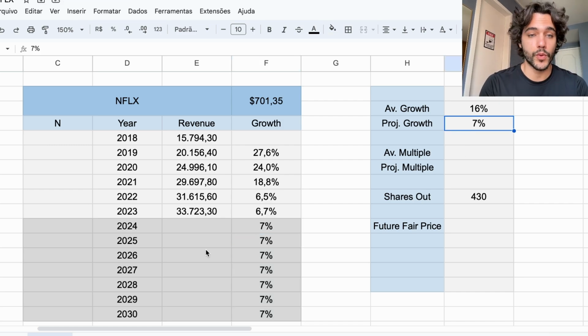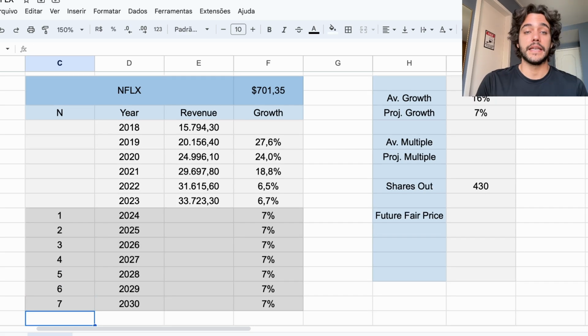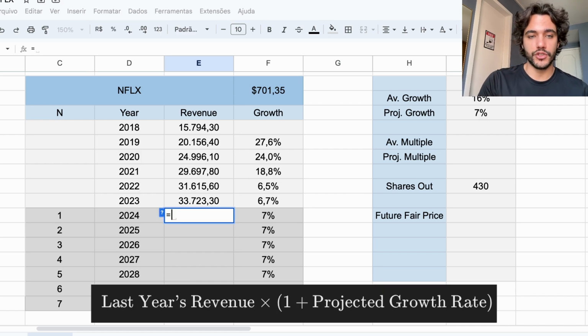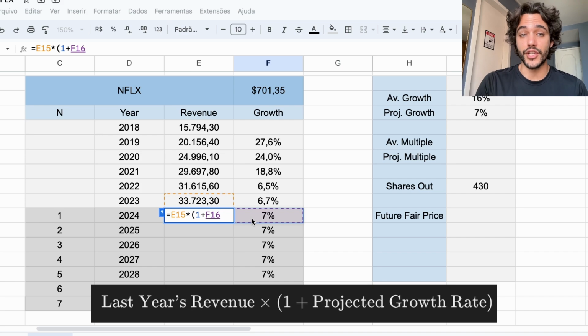Now let's go to our first year in our projection. And by the way, we have to enumerate the years in our projection here, which I forgot to do. Now let's come to the revenue section, to the first year in our projection, and type equal to last year's revenue times open parenthesis 1 plus the growth rate for this year.